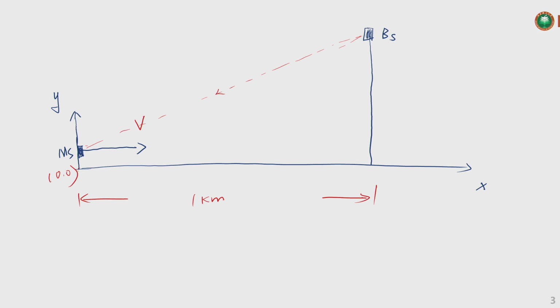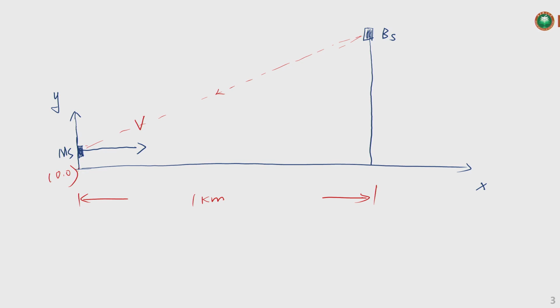But the evolution of the expressions of the modeling stays the same for the downlink and for the uplink, because the movement is relative. When the mobile user moves towards the base station, we can also transfer it to the base station moving to the mobile user. So this is the same thing.